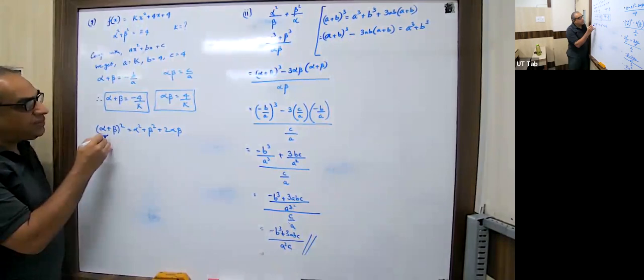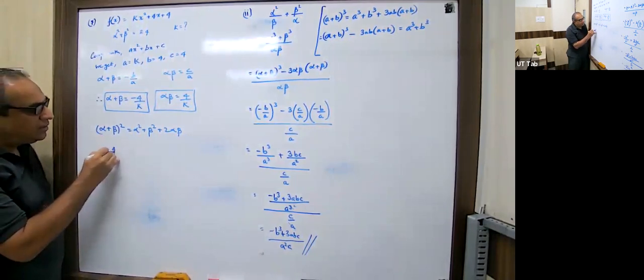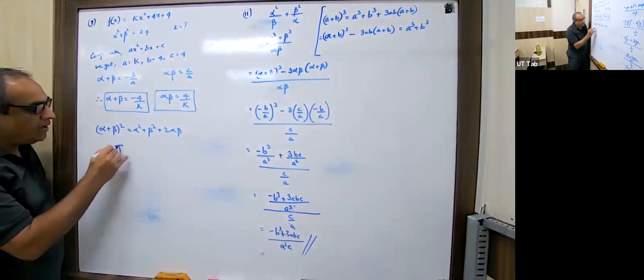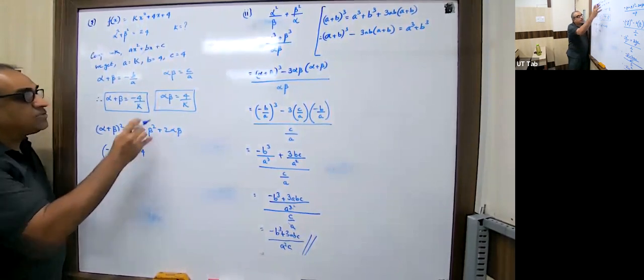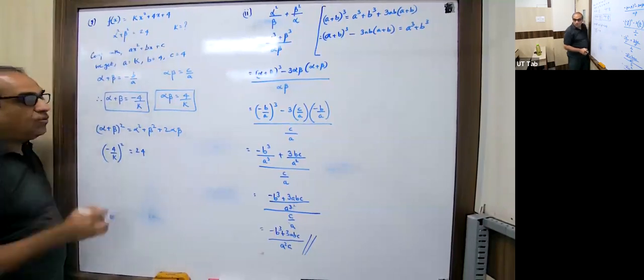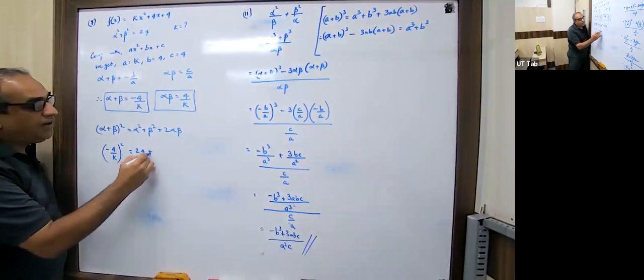What is alpha plus beta? Minus 4. What is alpha squared plus beta squared? 24. What is alpha into beta?